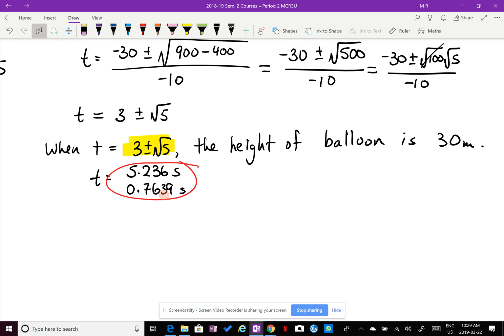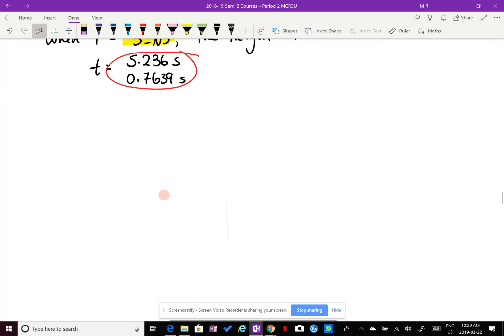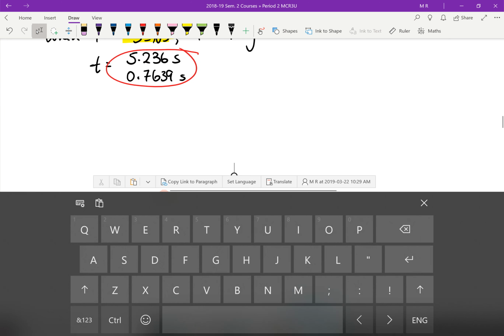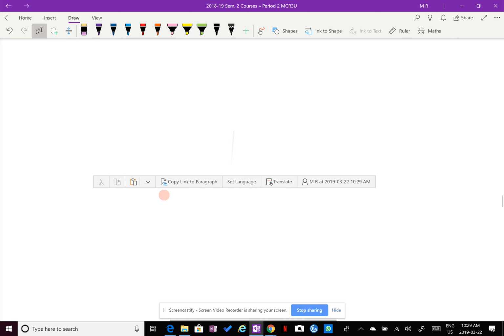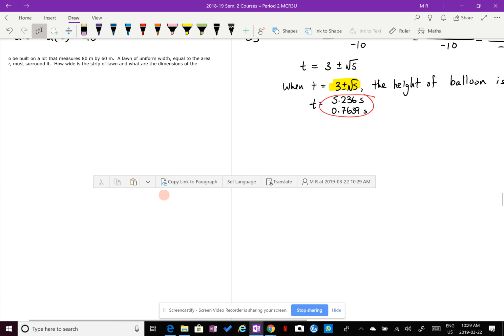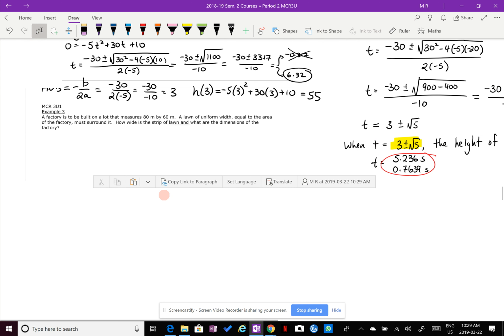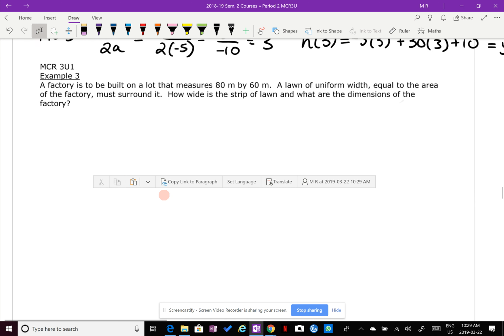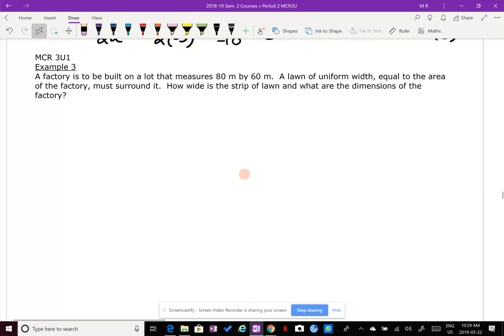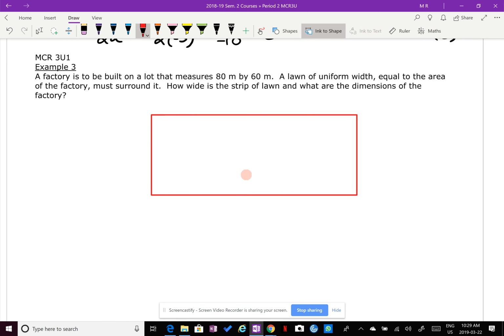Okay, the last example, the factory example. Where was I here? Over here. Okay. So a factory is to be built on a lot that measures 80 by 60. So first sentence says, draw a lot, 80 by 60.